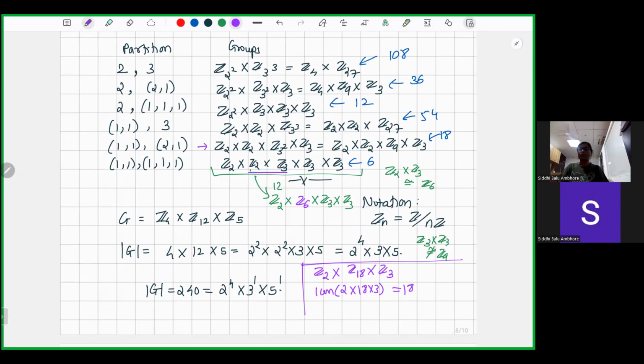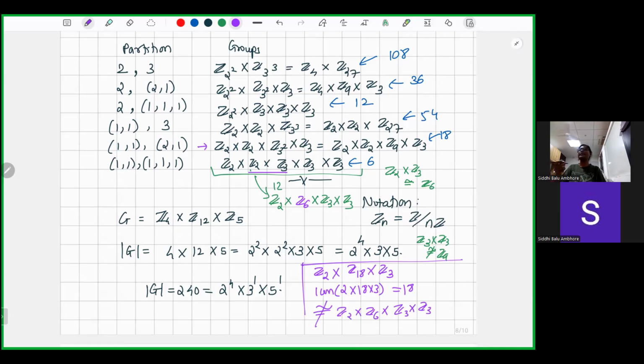But if I club this one, can I say that this group is isomorphic to Z2 cross Z6 cross Z3 cross Z3? It won't be possible, because the LCM of this Z2 cross Z6 cross Z3 cross Z3 is 6, and then the exponent of this group will be 6.